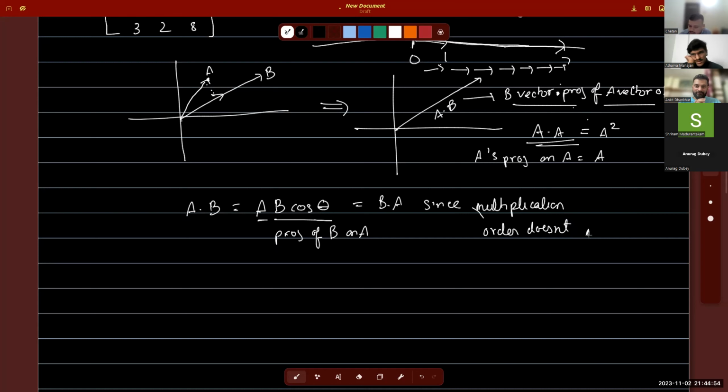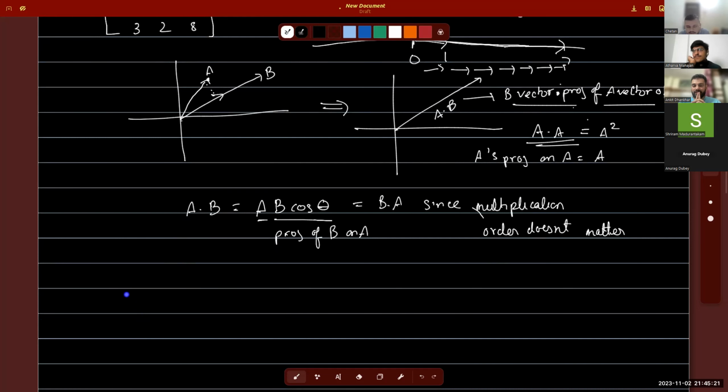One more thing in addition to this, if we modify it a little bit, say we are taking the dot product of a vector with itself. What we said is that when we take the dot product of a vector with itself, we are taking the projection of the vector onto itself. Essentially we get the same vector, and then we multiply that vector with that magnitude. Correct? That's what we said, right?